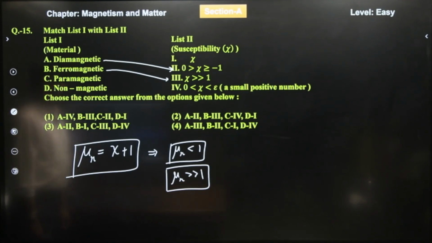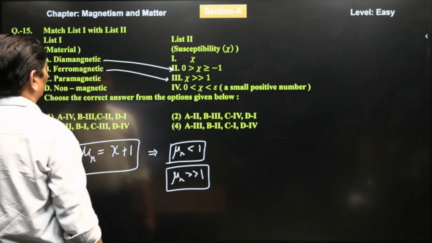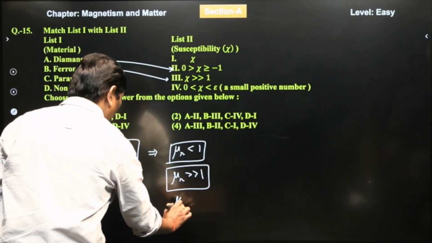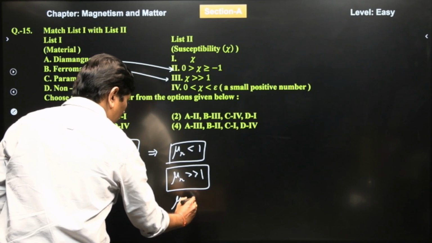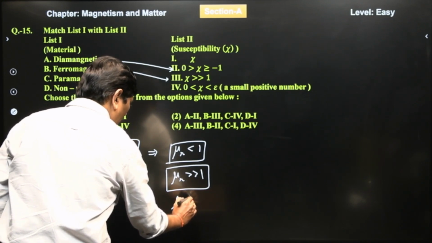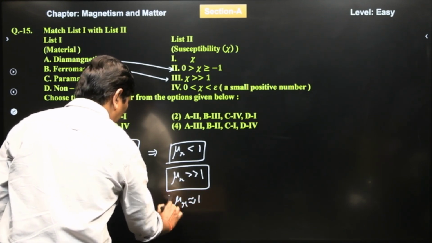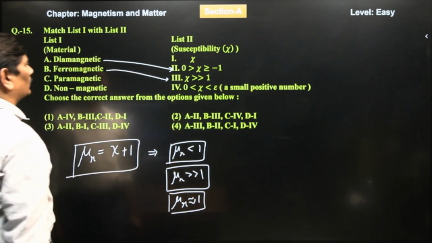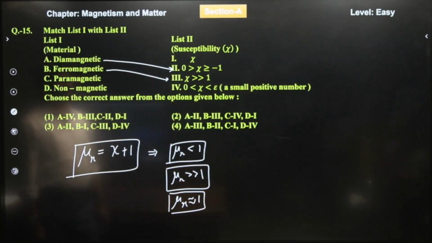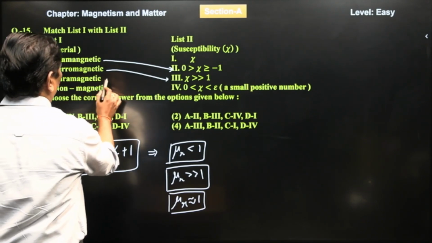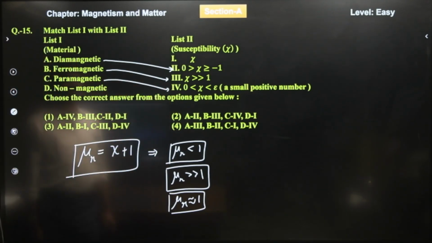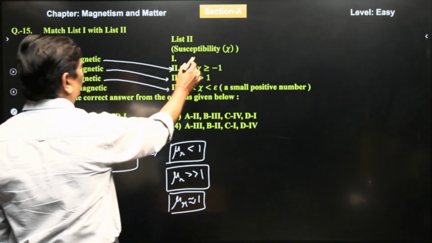And paramagnetic, mu r nearly 1, around 1. So you can see this one. Non-magnetic, chi value 0.